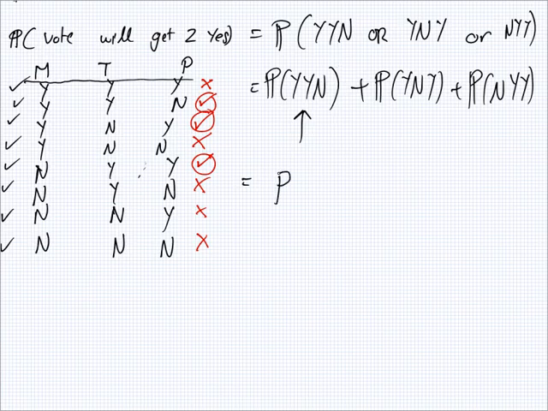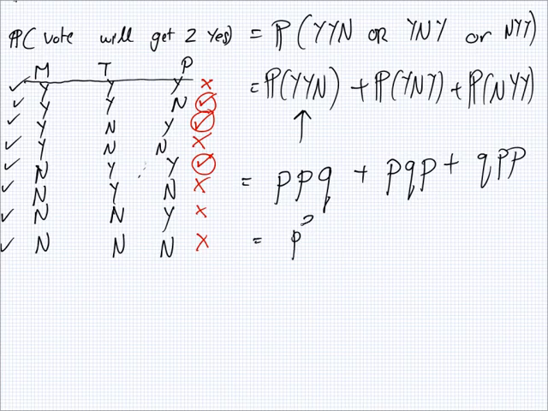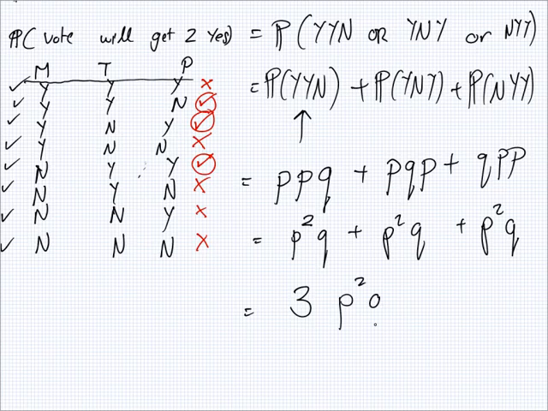P is for yes, and Q will be for no. What would be the next one? P, Q, P, and the last one? Q, P, and P. But you notice that these are all the same, because this is P squared Q, and this one here is also P squared Q, and then this one here is also P squared Q. So I have 3 P squared Q.